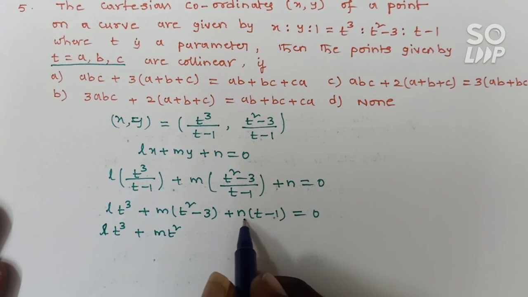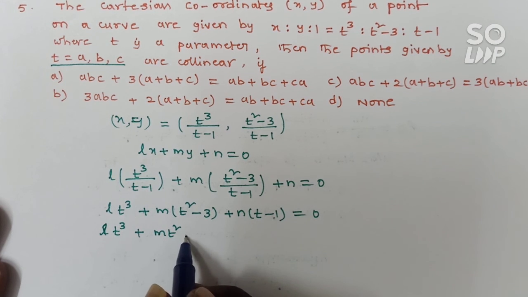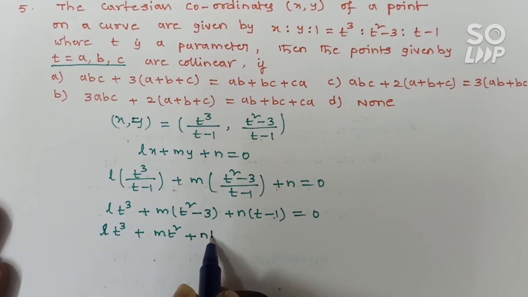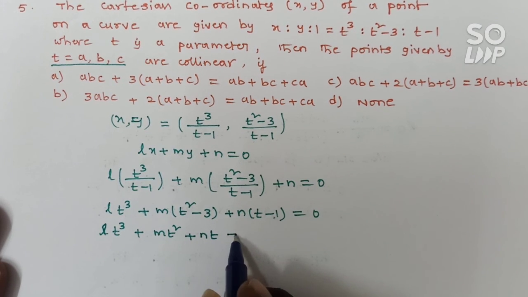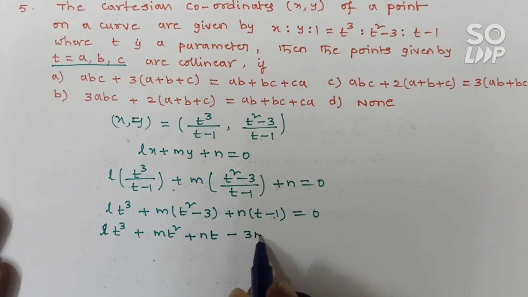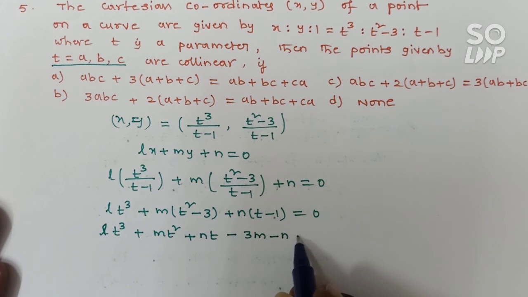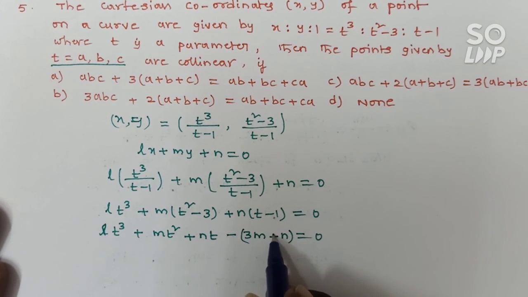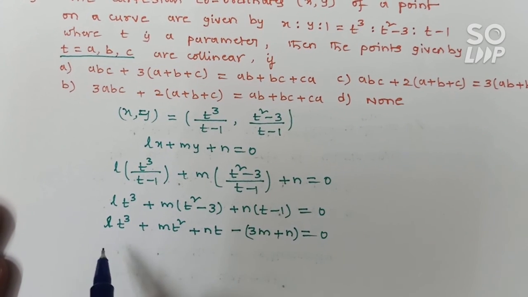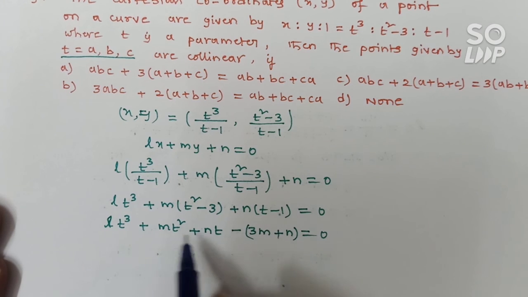Next the t term, plus n into t, and the constant is minus 3 into m minus n, is equal to 0. Here you take minus as common, that is minus of 3m plus n. So now clearly it is in the form of a cubic equation.